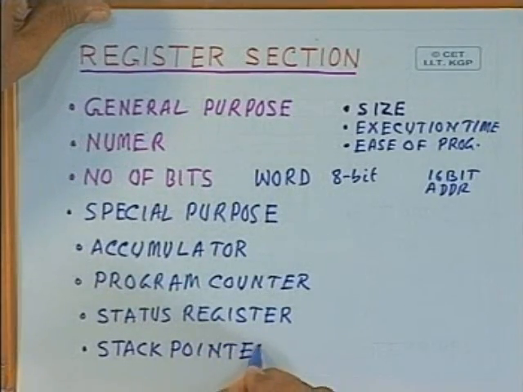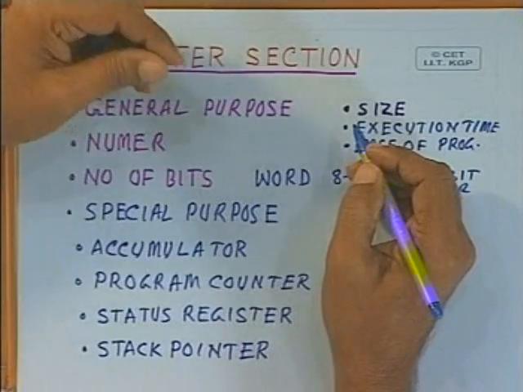Stack pointer is used to implement one very important data structure. You may be familiar with the data structure stack. You have seen stack is used for various applications, particularly for interrupt handling.